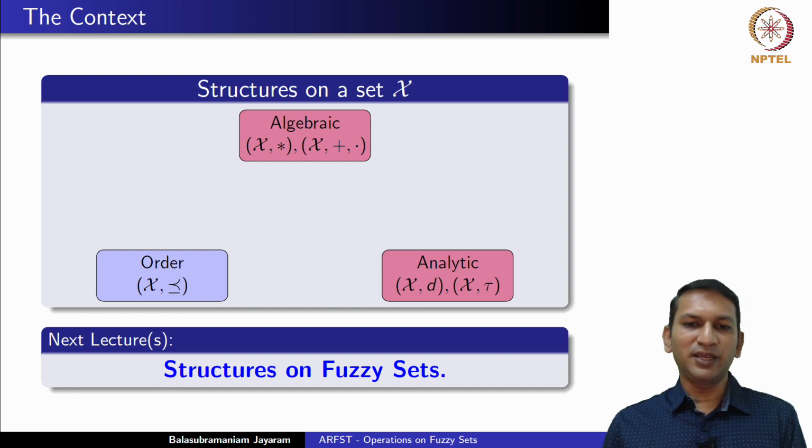So keeping that in mind, we'll only pick and choose what is relevant. There is so much to be done outside of this, but given the context, we will limit ourselves to what is relevant and appropriate and what is needed. So in the rest of this week, the next few lectures, we will look at different structures on fuzzy sets and perhaps how they also immediately allow us to generalize some concepts or introduce some new concepts on fuzzy sets.